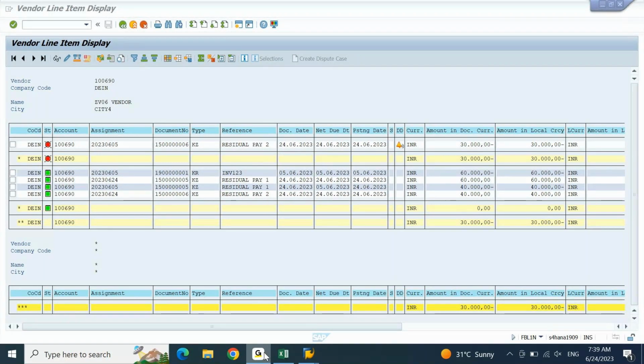Even after you have informed them that these are not possible and not accurate, even SAP does not recommend residual payment. Still, if they say yes, we want to go ahead with residual payment, you give a heads up at the beginning itself: reporting and payment backtracing is not possible.